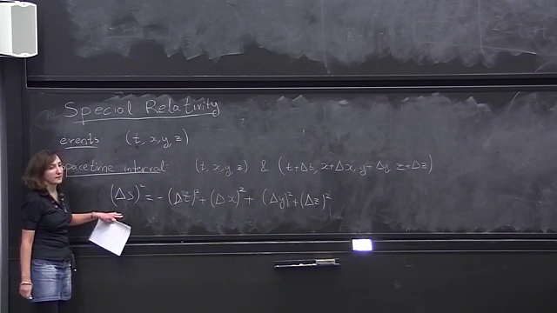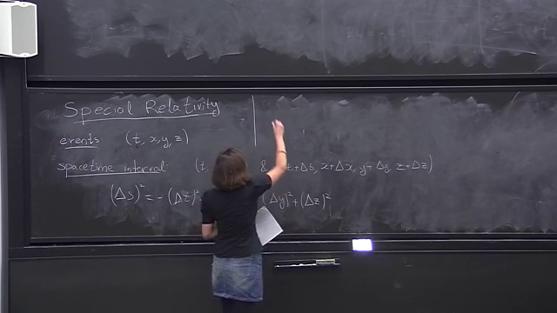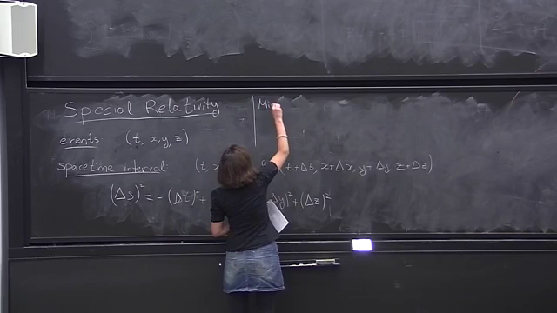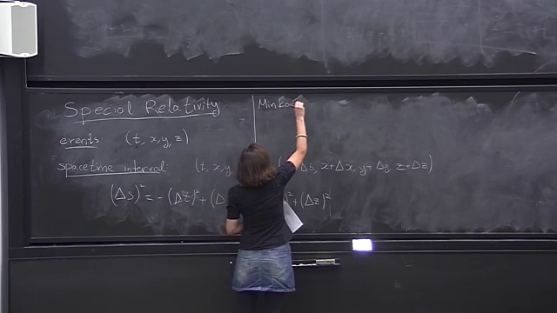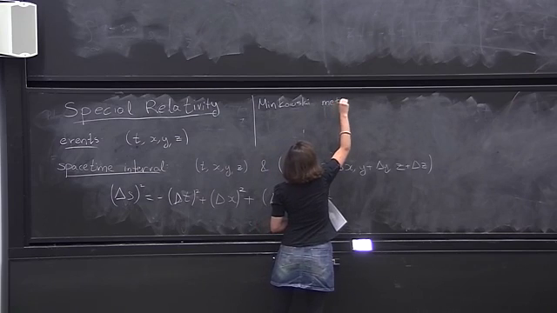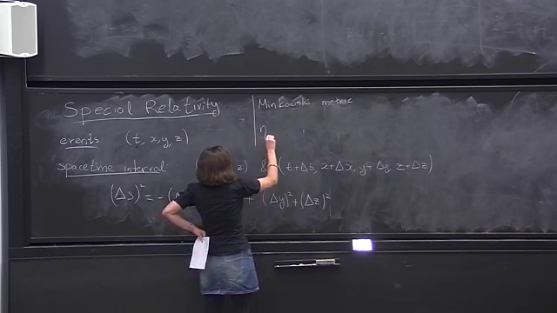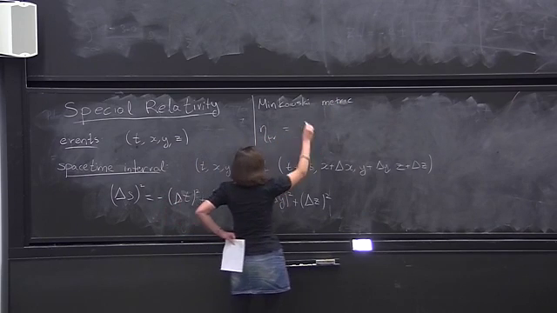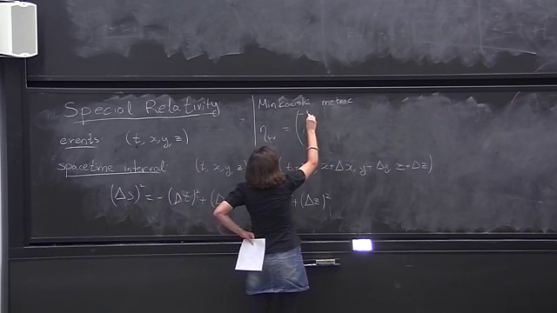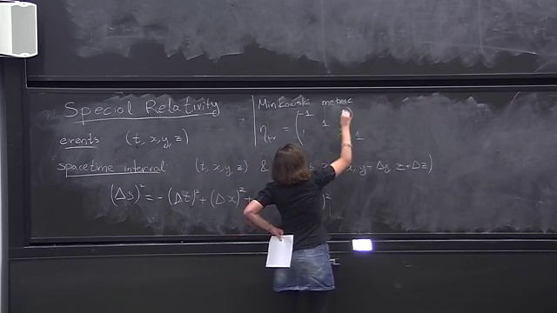And this interval brings in the Minkowski metric, which is nothing but a 4x4 matrix with entries minus 1, 1, 1, and 1 in the diagonal.